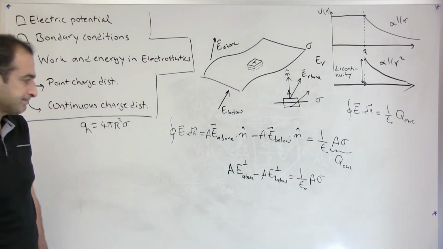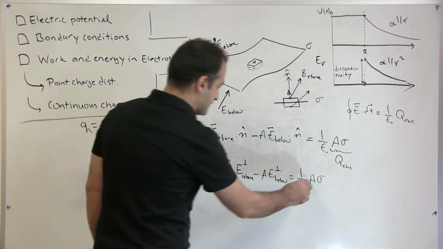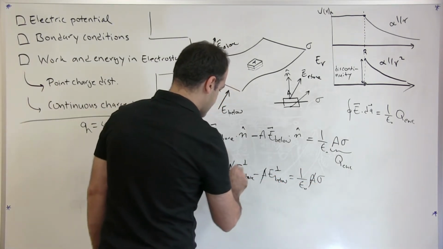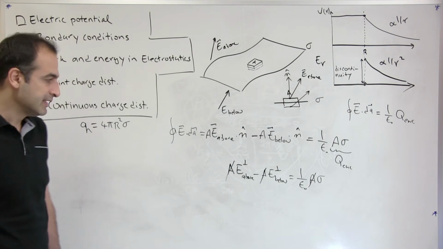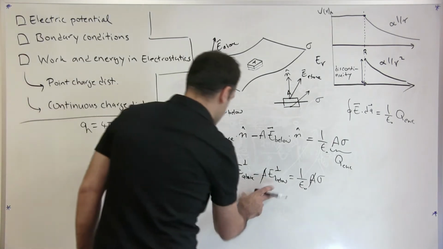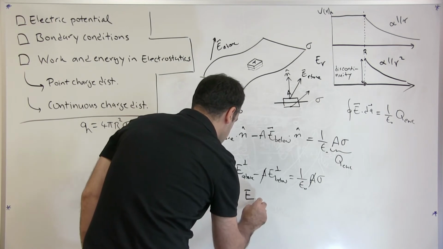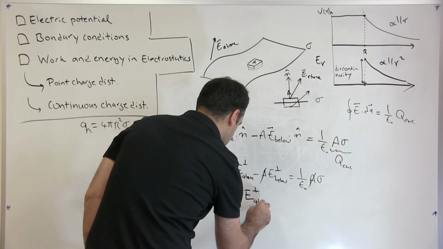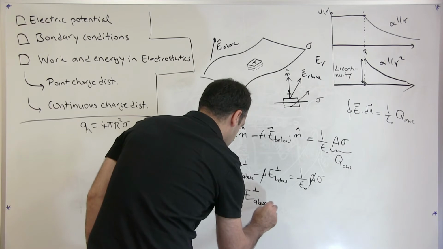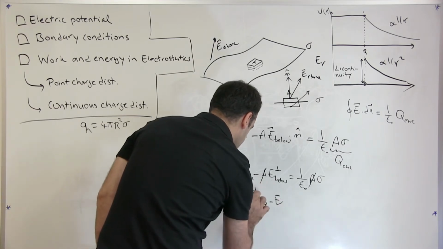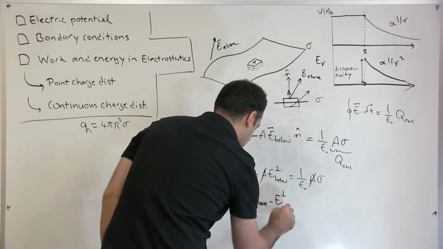Okay. And now, obviously, we can cancel out A from all sides. And what we get is E above, I want to rewrite this, E above minus E below.